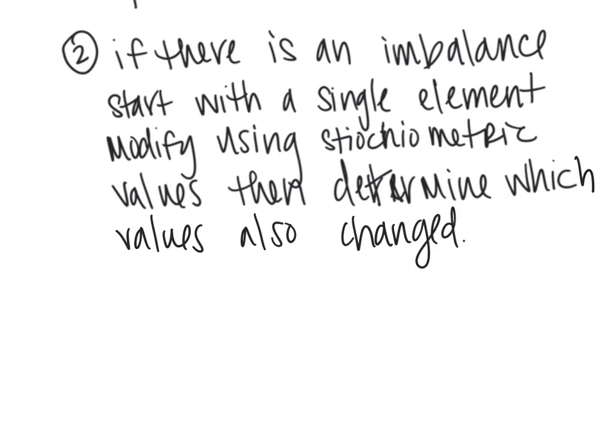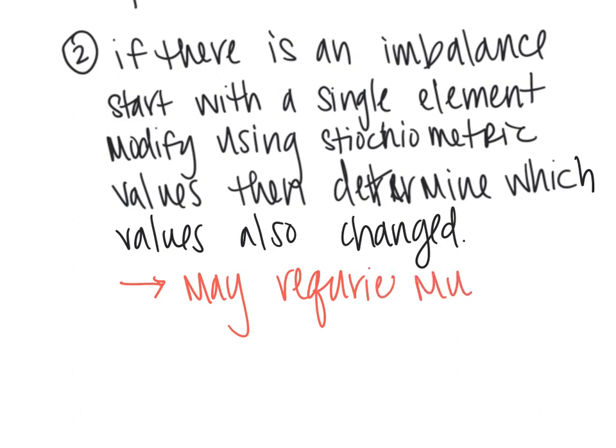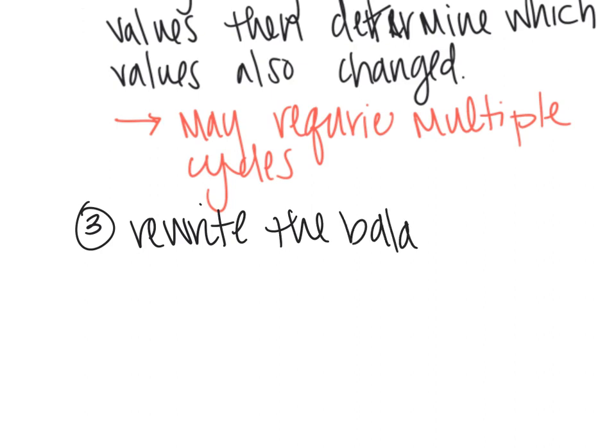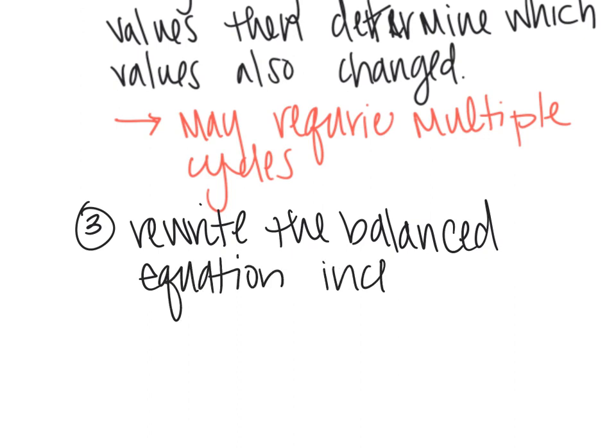You might have to do this multiple times, so it may require multiple cycles. So your last step is to rewrite the balanced equation including any states.